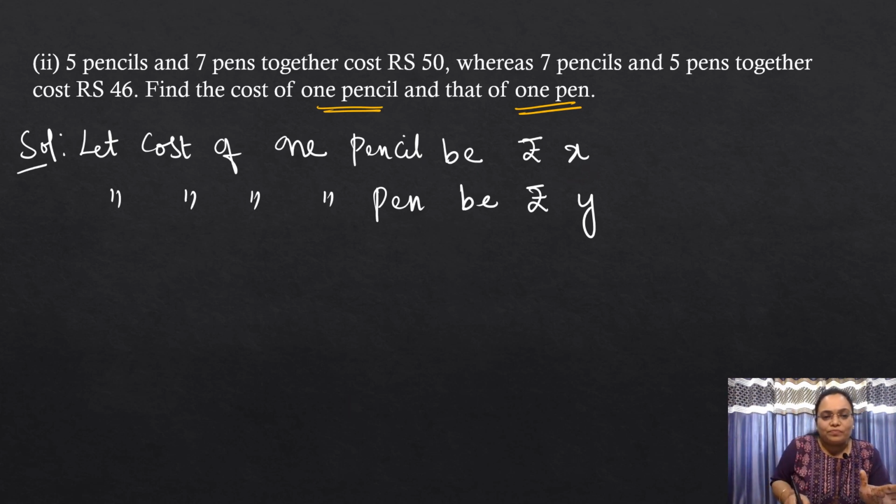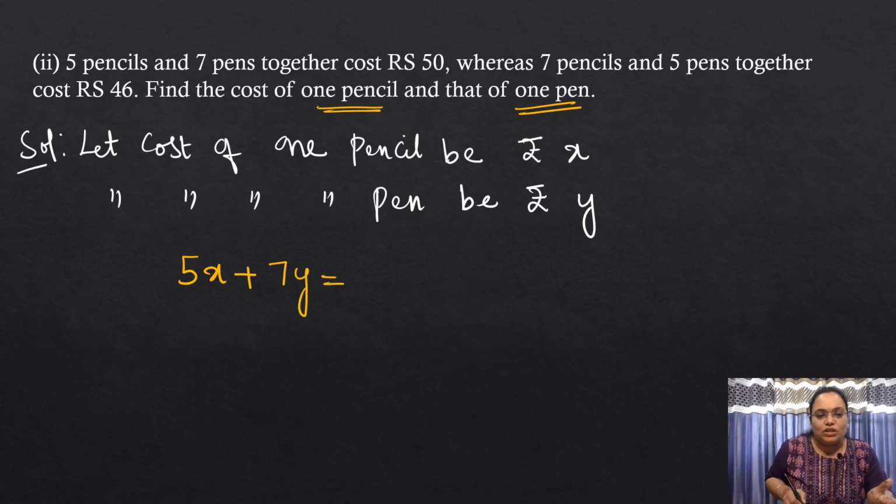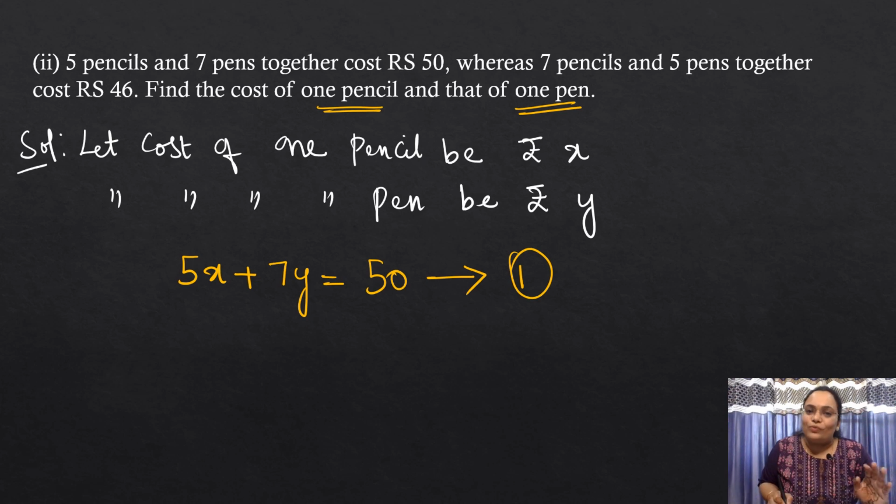Plus, 1 pen costs rupees y, so 7 pens cost 7y. So 5x plus 7y is equal to rupees 50. So here comes equation number 1.